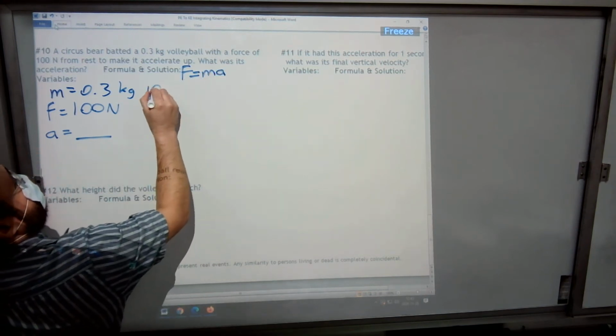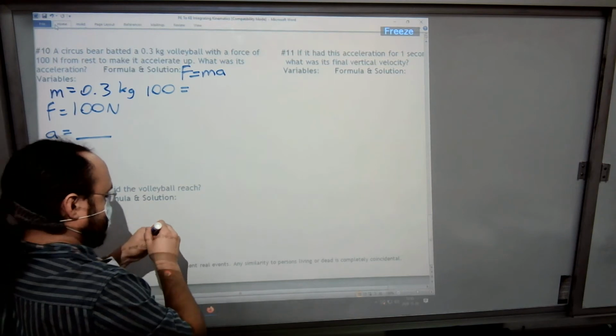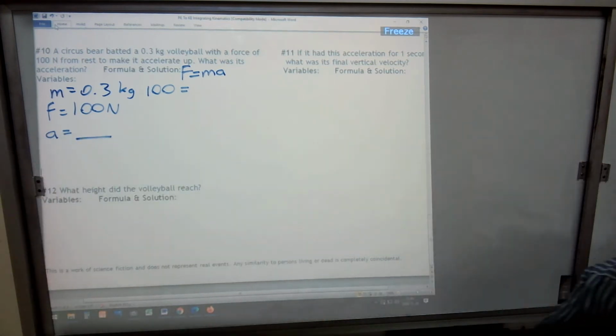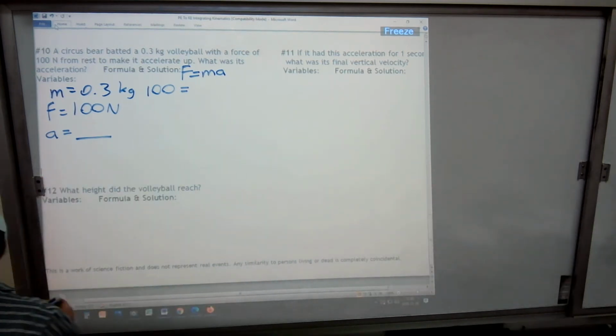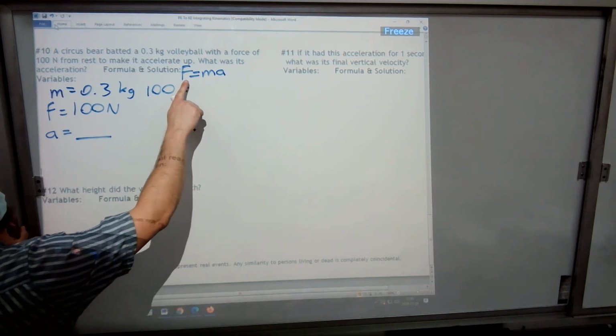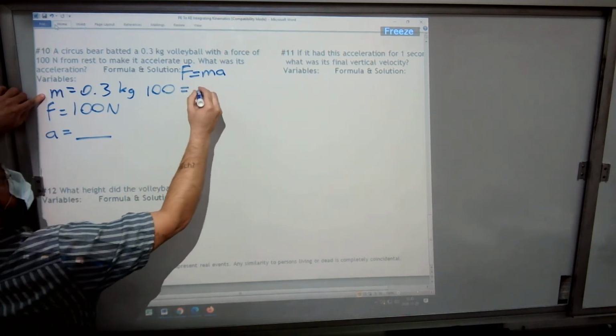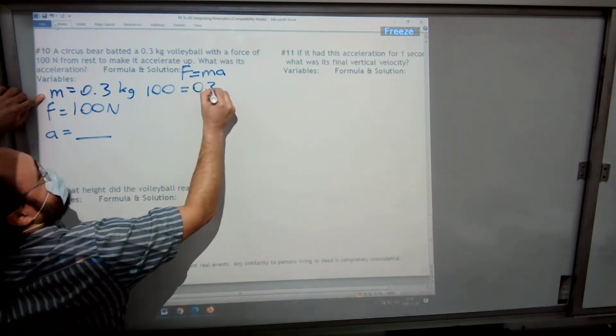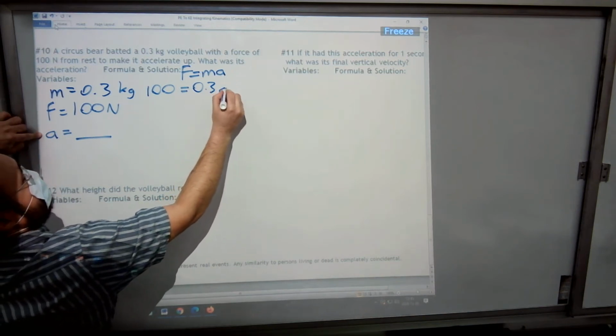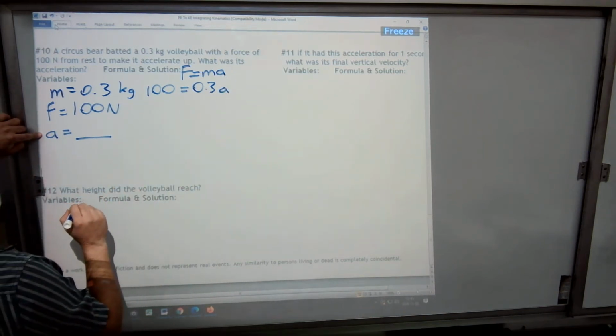So force is 100 newtons, mass is 0.3, and acceleration is what we're looking for.